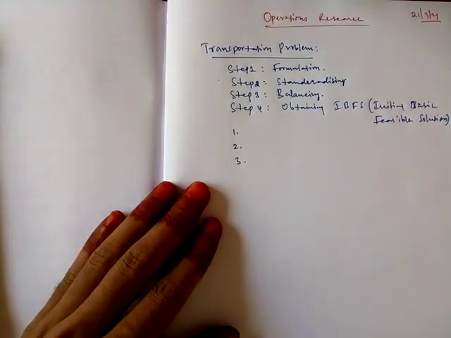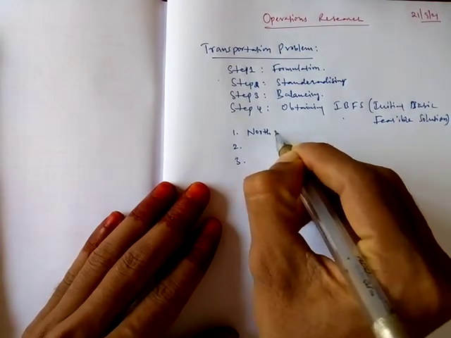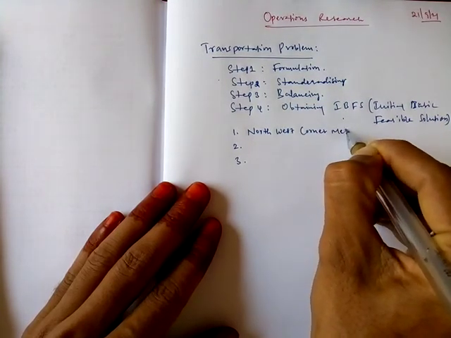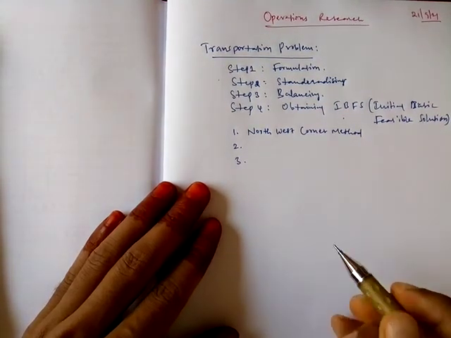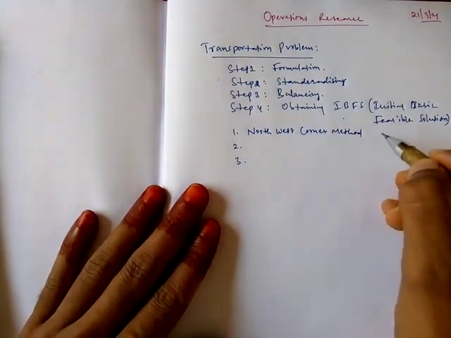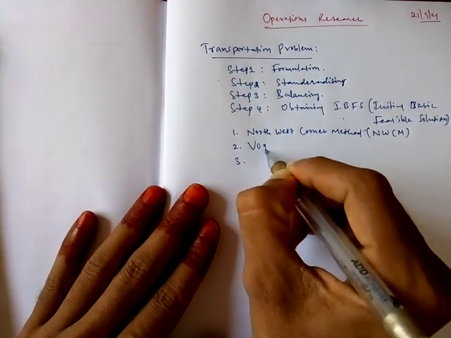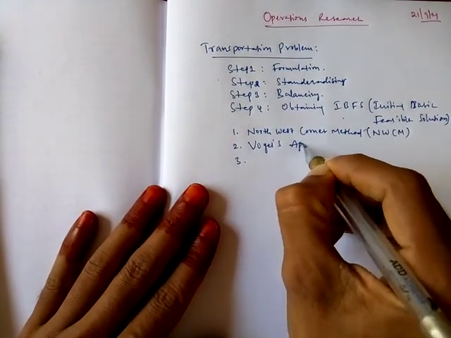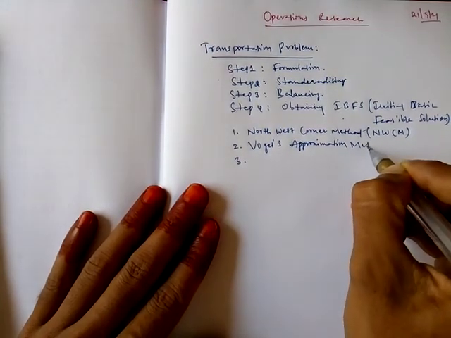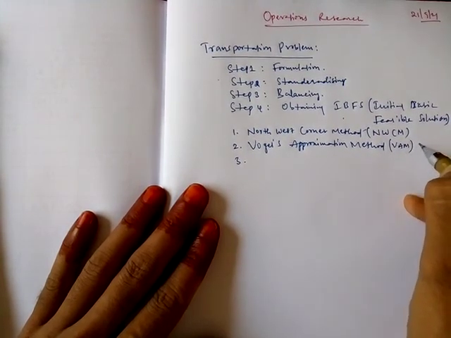To obtain this IBFS, initial basic feasible solution, we have three methods. First method, northwest corner method. Next one is Vogel's approximation method, or penalty method.